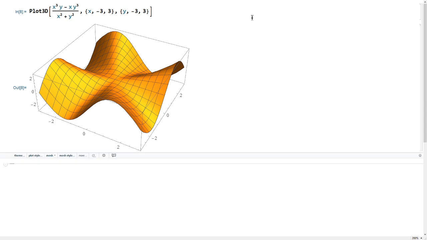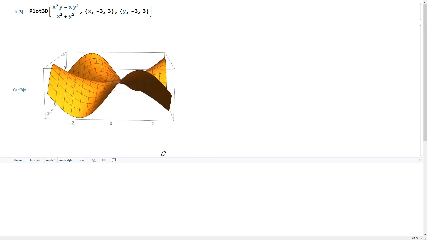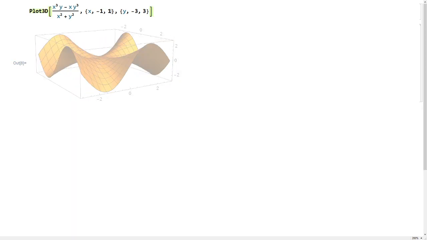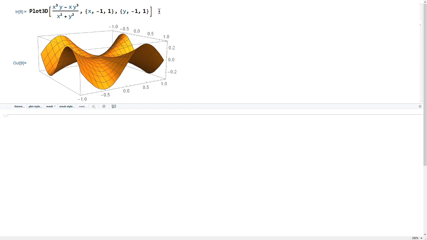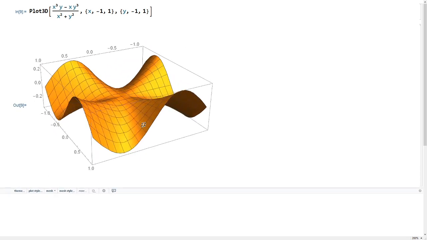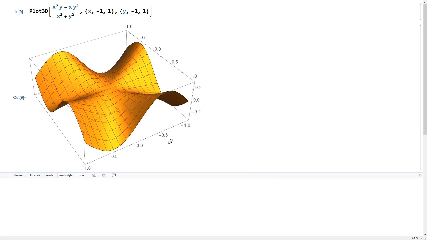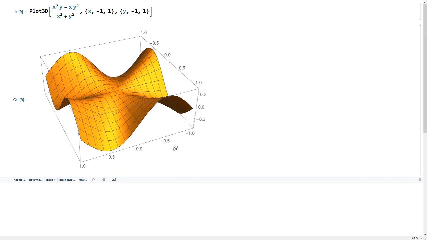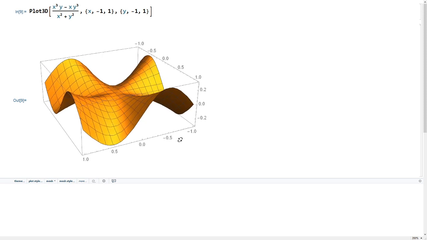All right, so we got a function that looks a bit like this. Let's zoom in a bit on the origin here. Right, so that's the plot of the function here. Now, if you look here, we have sort of an interesting little wrinkle going on near the origin.